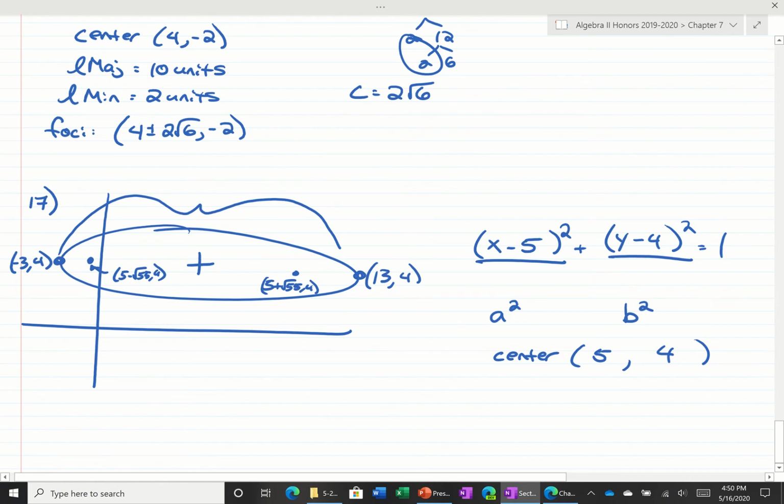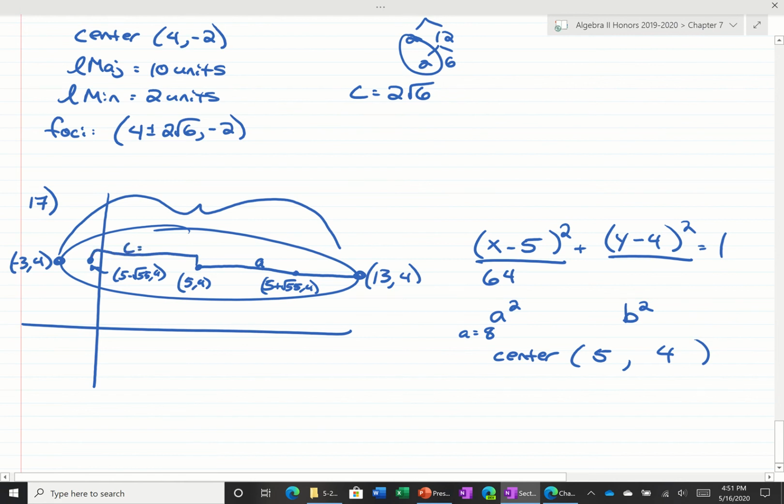Okay. The a value would be the difference. So this point right here is 5, 4. The distance from here to here is a. So to go from 5 to 13, that's 8. So a squared would be 64. The distance from here to here would be c.